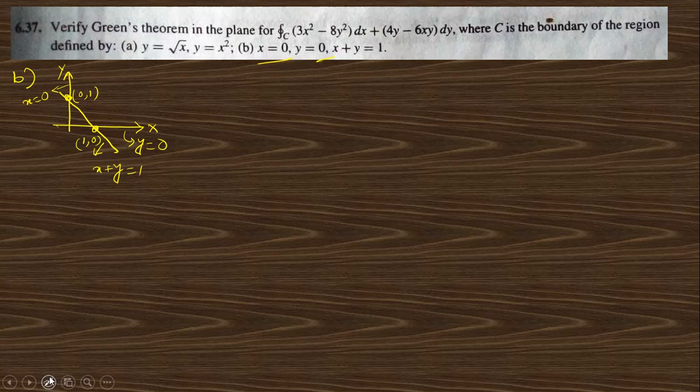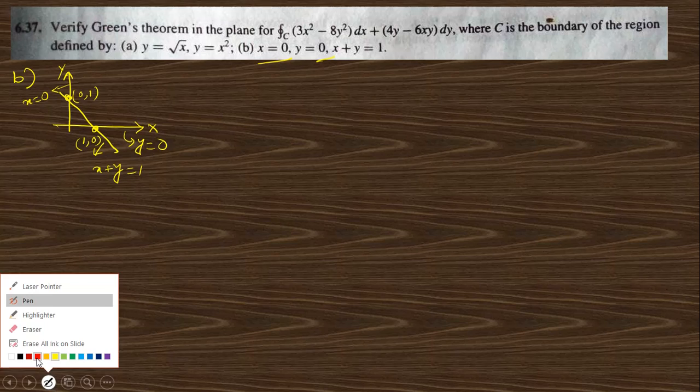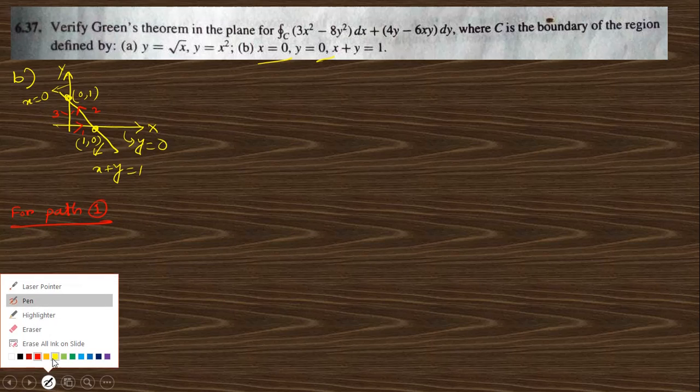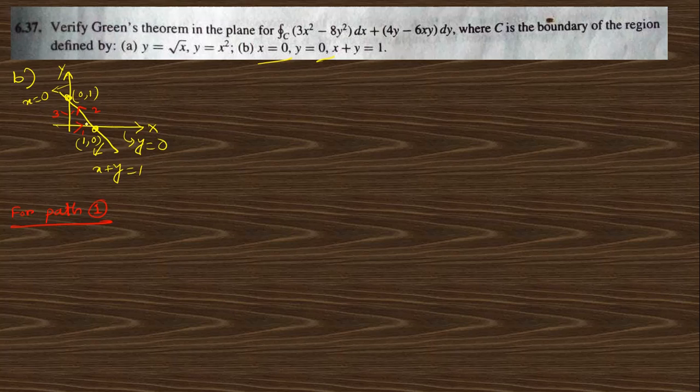Okay, so at first we need to find out the contour integral, so we need to follow this path 1, 2, 3. So for path 1, in this path x changes from 0 to 1, y is 0, so dy is also 0.